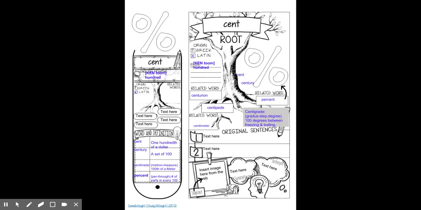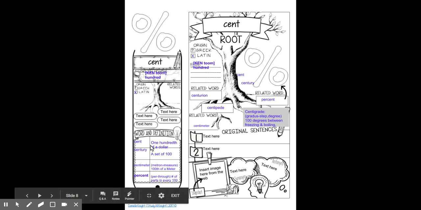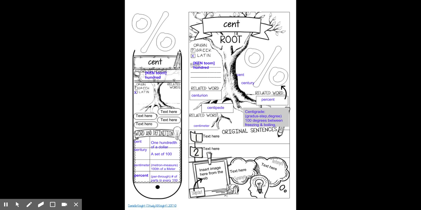And so it helps us to understand why we would say percent, like 10 cents is 10% of a dollar. Cent is 100th of a dollar, which means it's going through 100. So it's 10% of 100.